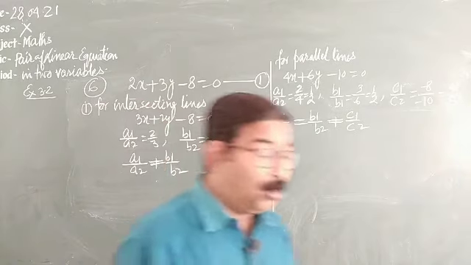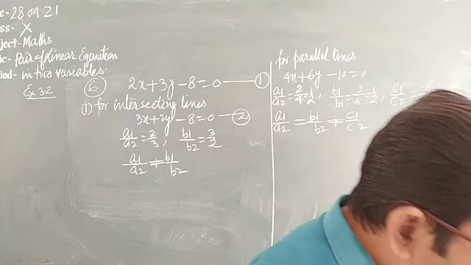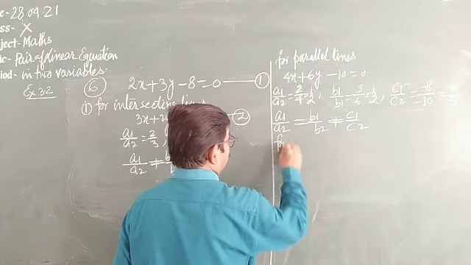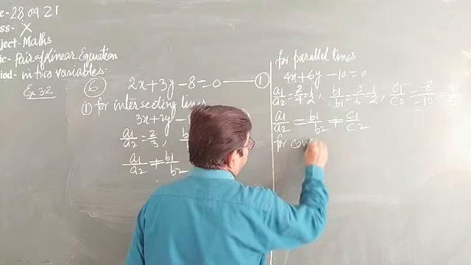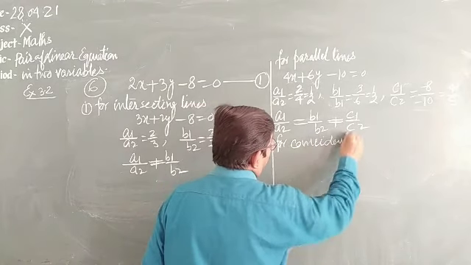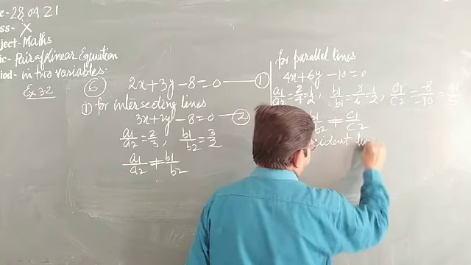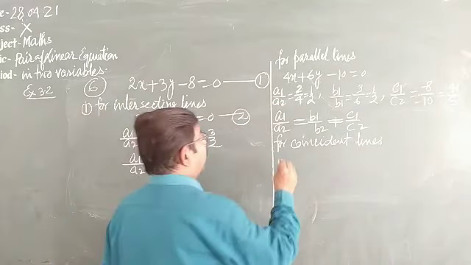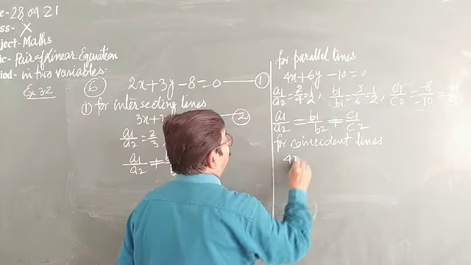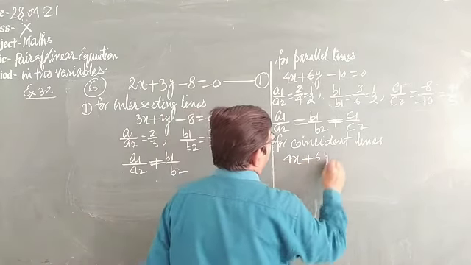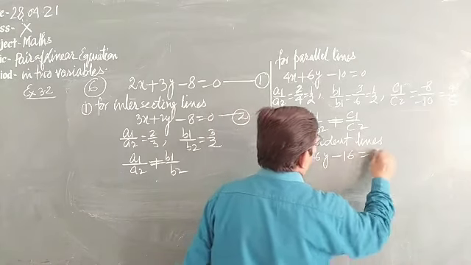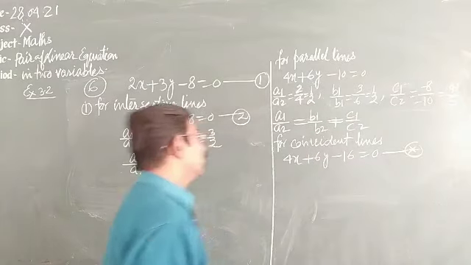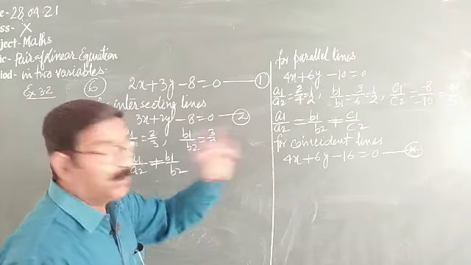And for coincident lines, all ratios are the same. For coincident lines, make the ratios equal. So we can write 4x plus 6y minus 16 is equal to 0. This is the equation. Means we have just doubled it.